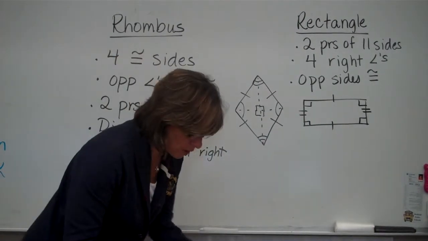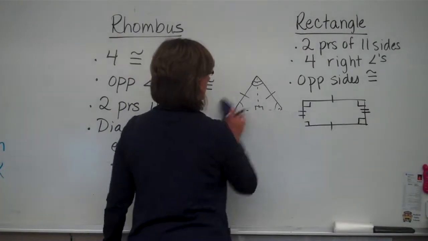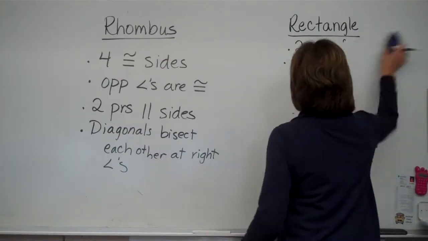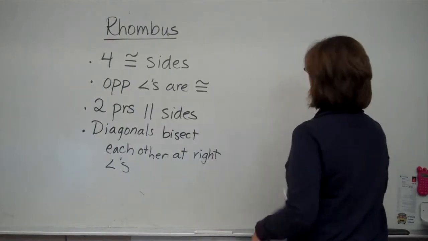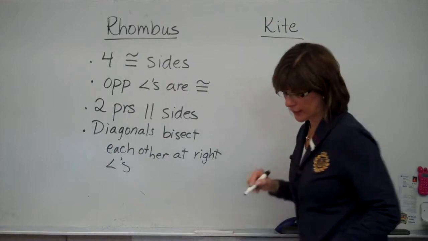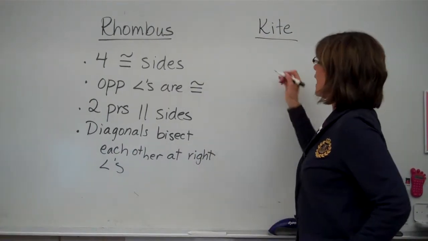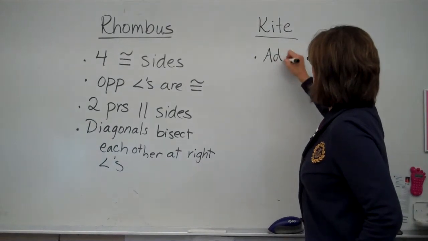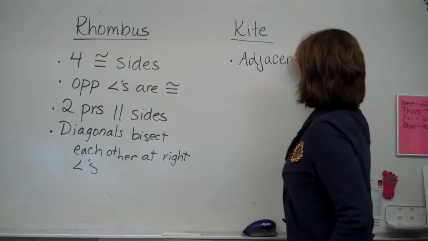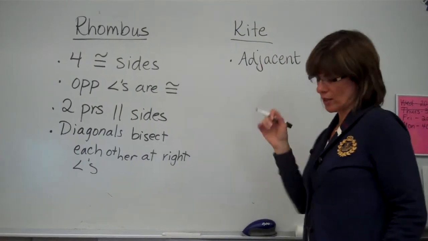Okay, from the rhombus, we are going to the kite. The kite is kind of a funny looking thing because it looks like a kite, just exactly what you'd expect. Adjacent sides, there's one of your vocabulary words. Adjacent means sides that are next to each other.